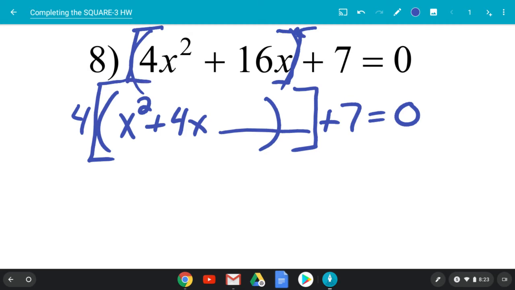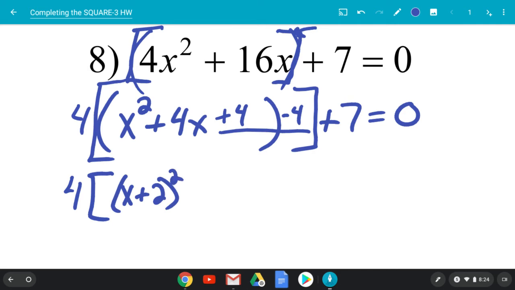All right. Can I complete this square on the inside? 4 divided by 2 is 2. 2 squared is 4. So I'm going to add 4 and subtract 4. All right. Well, this is a perfect square trinomial, so I can factor it. It's 4 bracket, and that would be x plus 2 quantity squared minus 4 plus 7 equals 0.